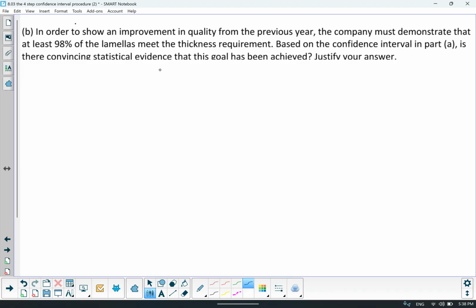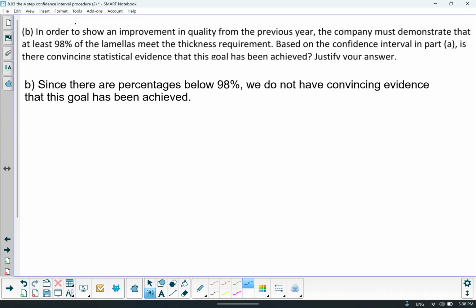Is there convincing statistical evidence that this goal has been achieved? And the answer to this is yes, because if you take a look at, and it's on the previous page, so I'm going to rewrite it. So the confidence interval that we stated on the prior slide was 0.975 to 0.990.